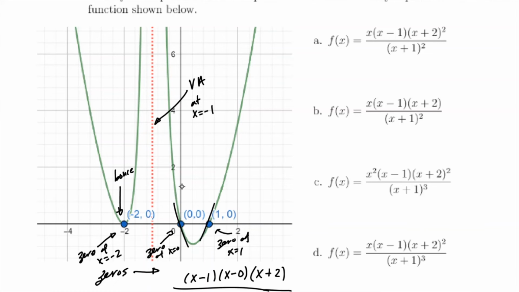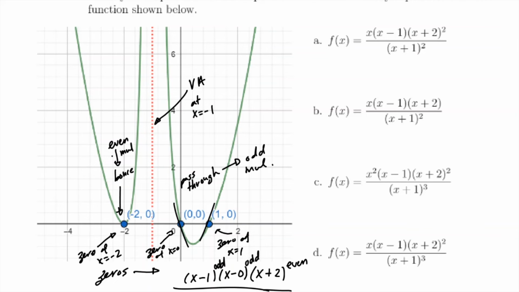So whenever we have a pass-through behavior, this is just kind of a colloquial term, that's when you have odd multiplicity. And whenever your 0 bounces, that's when you have even multiplicity. So I'm going to have an even exponent here, odd here, and odd here. Now, without more work, I can't figure out what the exponents actually are, but that's not necessary. All we need to know is even and odd, and that will help us narrow down our choices.